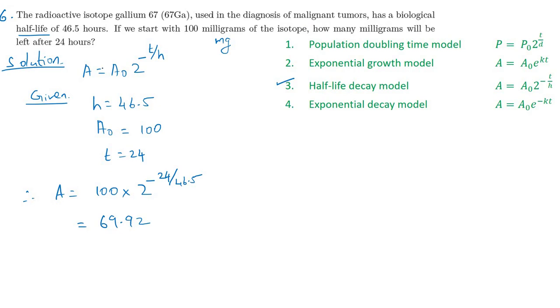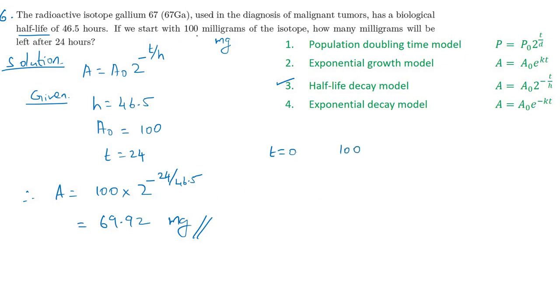Now what are A and A naught? A naught is 100 milligrams, so it is milligrams. When they are starting, at time t equal to 0, it is 100.